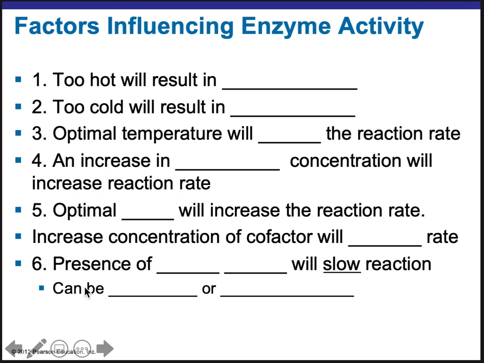And it could be permanent, or it could constantly bind, release. Okay? If it's a permanent binding, then that enzyme is now no good, and you would have to make more enzyme to replace it.